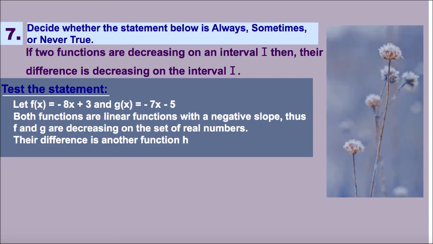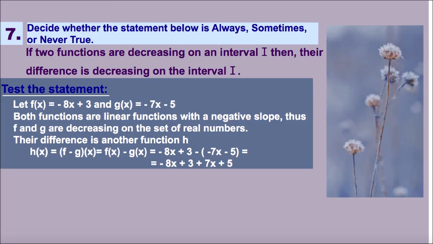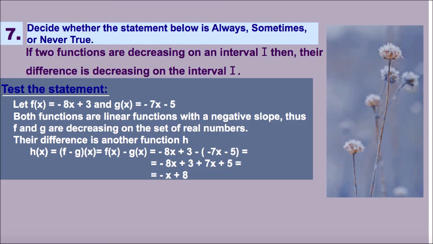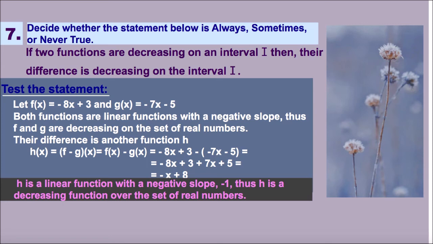Their difference is another function h of x equals f minus g of x, which is equal to f of x minus g of x, which equals negative 8x plus 3 minus the quantity negative 7x minus 5, equal to negative 8x plus 3 plus 7x plus 5, which equals negative x plus 8. h is a linear function with a negative slope, negative 1, thus h is a decreasing function over the set of real numbers.